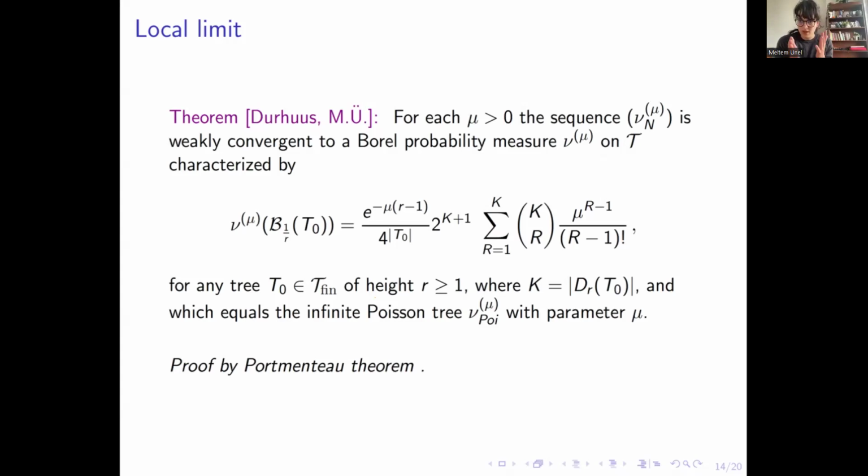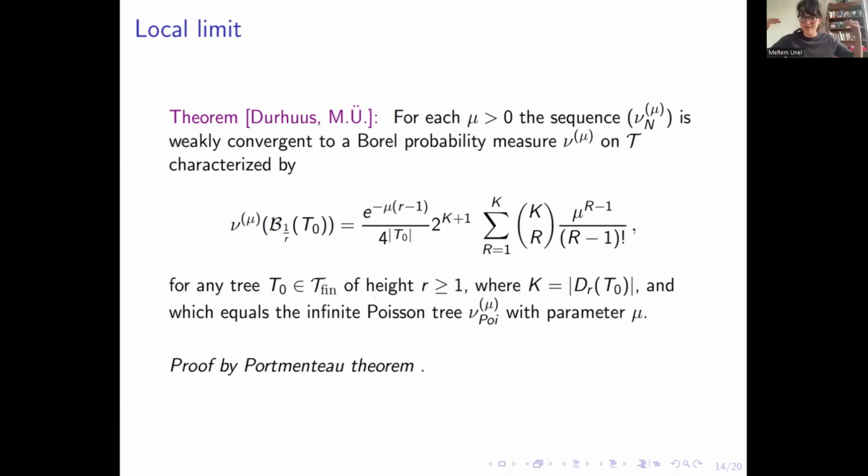Without using this characterization of the limiting measure, which is given already as a result in their paper, it is also possible to prove that the measure exists. To use the portmanteau theorem, we have to know the limiting measure. If we know the limiting measure, the Poisson tree, we can use the portmanteau theorem to deduce from what we calculated that the limiting measure is the Poisson tree.